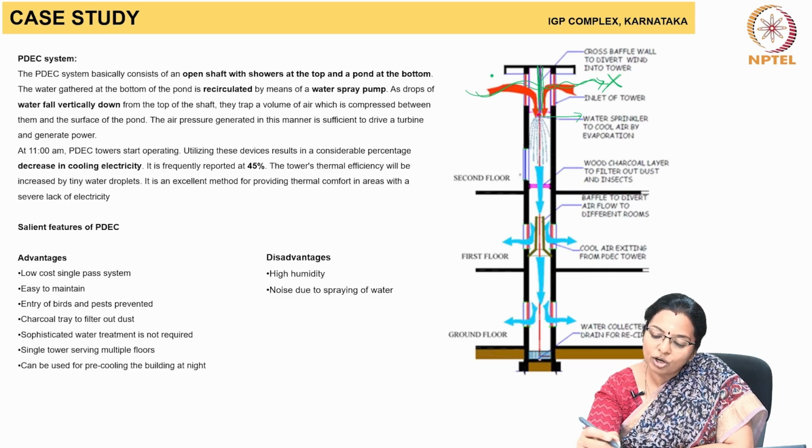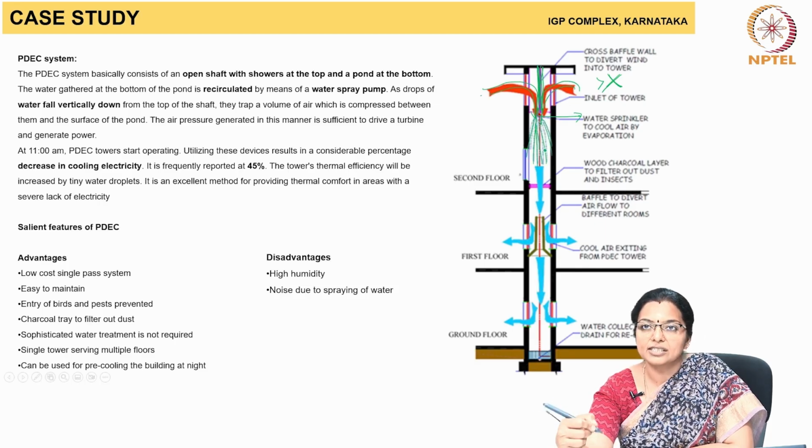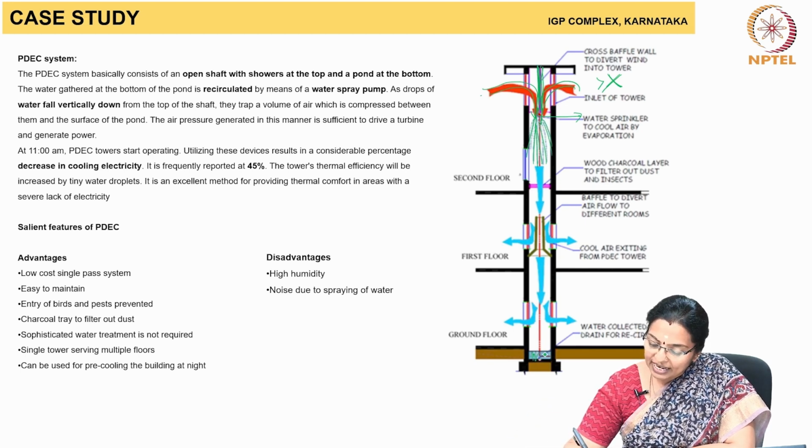The baffle wall ensures that breeze that flows is directed down to the micronizers where the mist is sprayed. And this water gets gathered below, which is drained out.